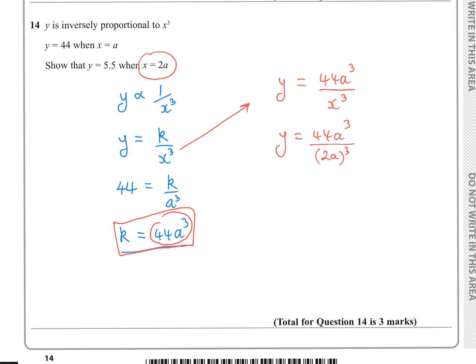That's all cubed, don't forget. So it's 2a times 2a times 2a, and that's going to give 44a cubed over 8a cubed. The a cubes cancel, and then on your calculator you can just verify that 44 divided by 8 gives us exactly what we want, which is 5.5, and that's the value for y. So we've shown what we needed to show.